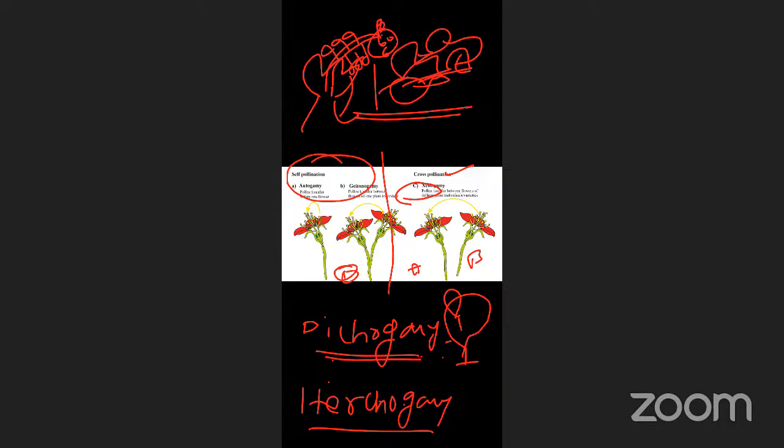If the agent is an insect, that is called entomophily. If the agent is a bird, that is called ornithophily. So like this, the pollen grains are transferred from one place to another place. Is it clear?